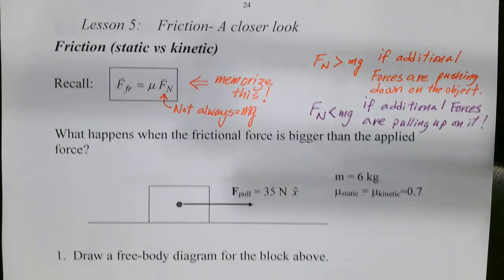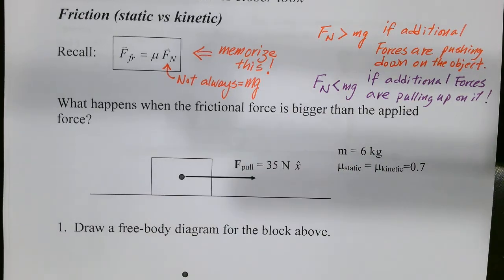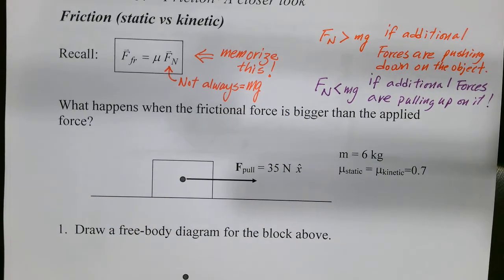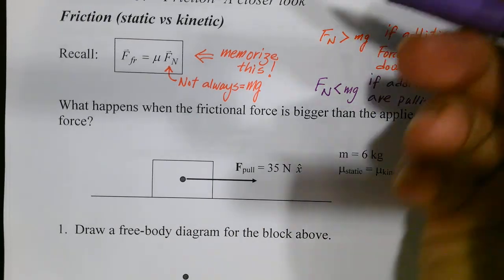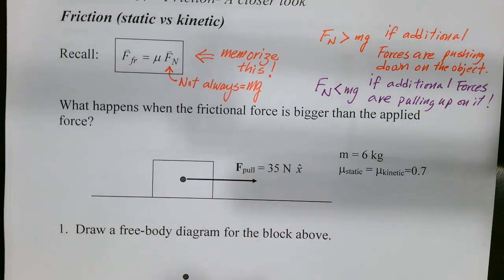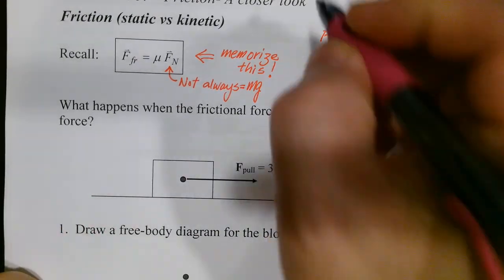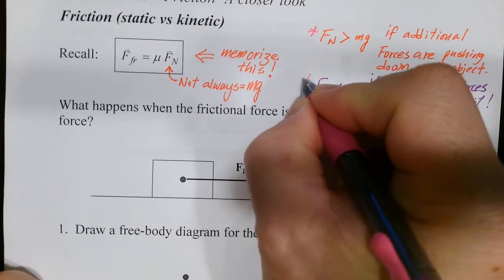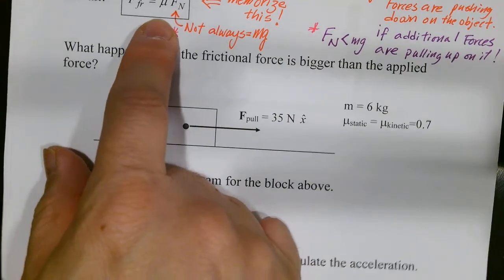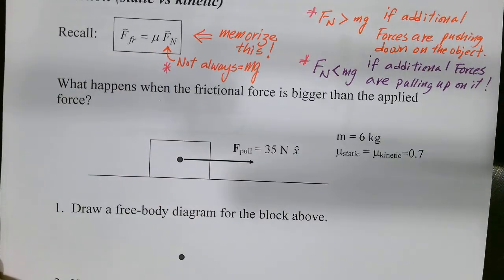So your normal force does not always have to equal mg, which is the weight of the object. Now, if there are no other vertical forces, then it can equal mg. So this is very, very important. Don't ever think F normal is always equal to mg.